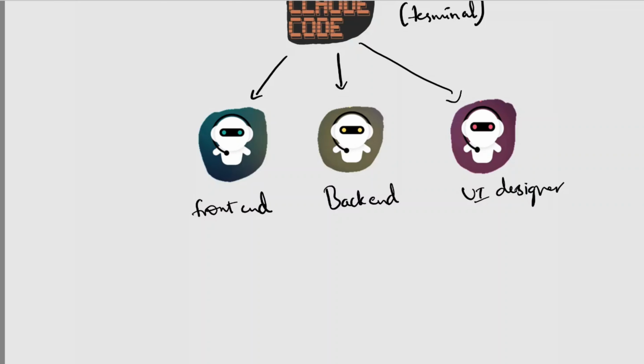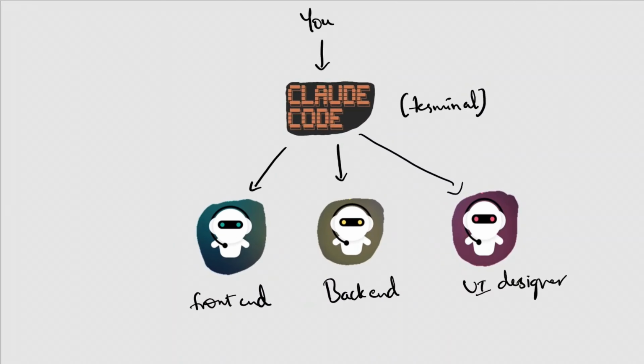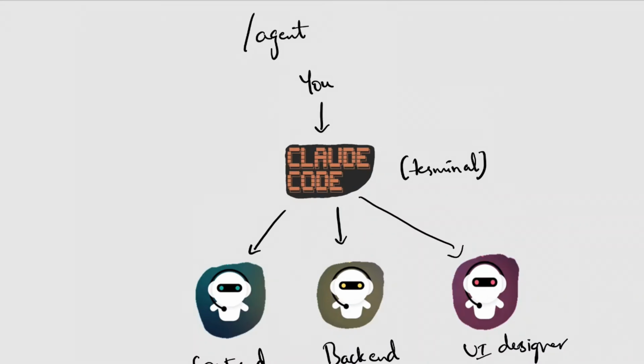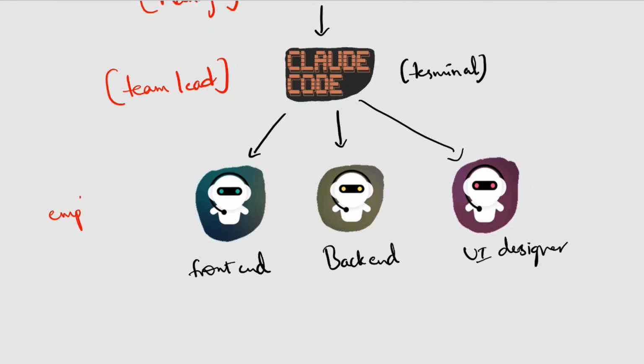So when we give that prompt, Claude Code will assign the tasks to different agents. Think of it like you're a manager, Claude Code is the team lead, and these agents are employees.